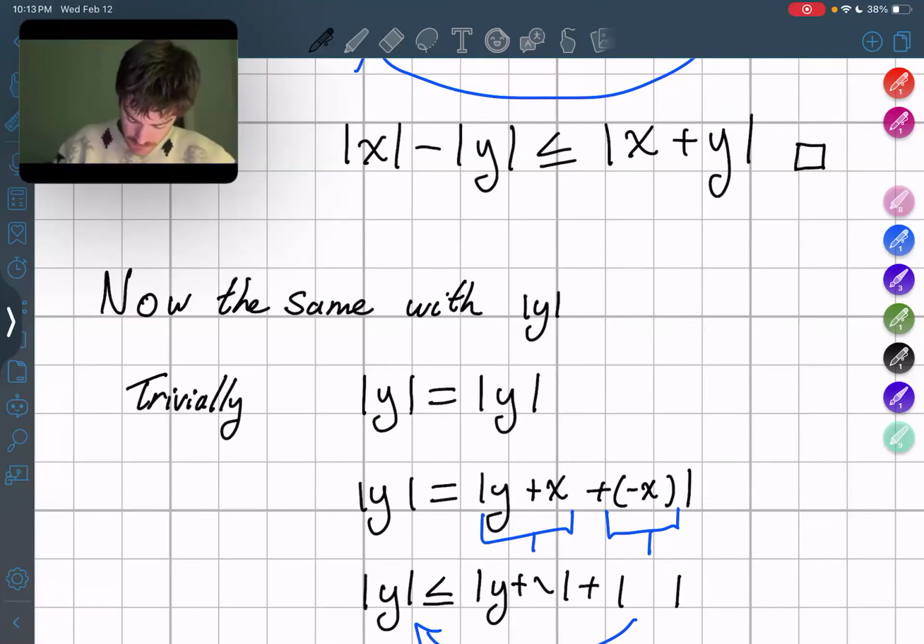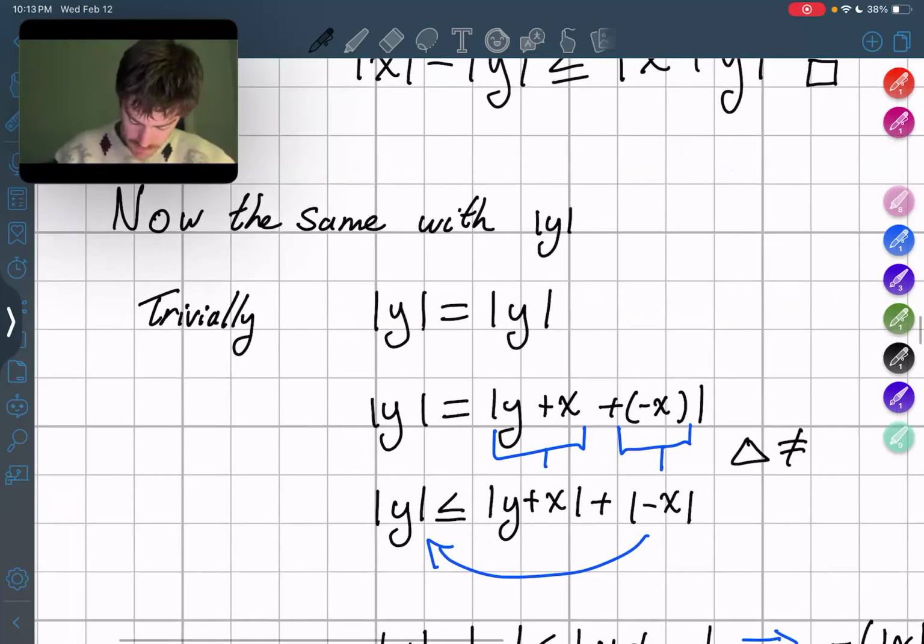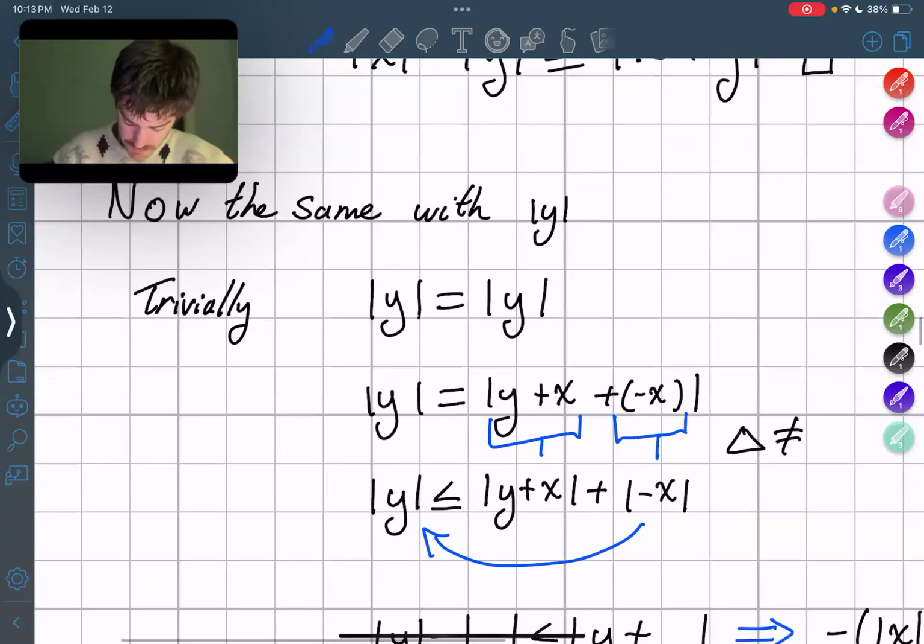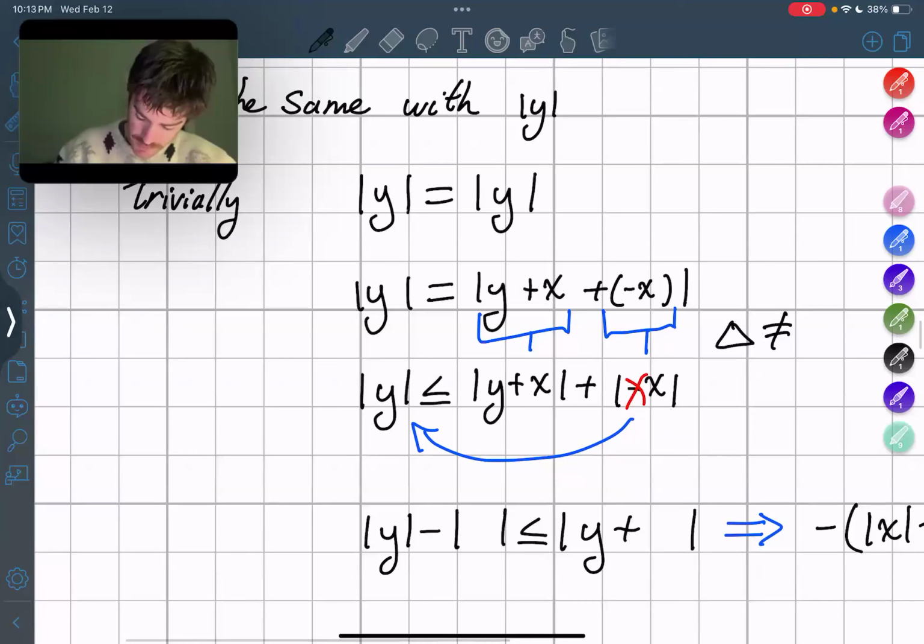Then using the triangle inequality, once again, we are going to treat this section as one number and the negative x as another number. And doing that same arithmetic and getting rid of that sign, we get that the absolute value of y minus the absolute value of x is less than or equal to the absolute value of y plus x.